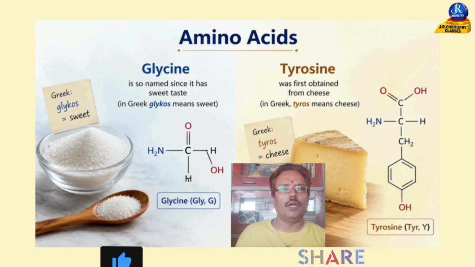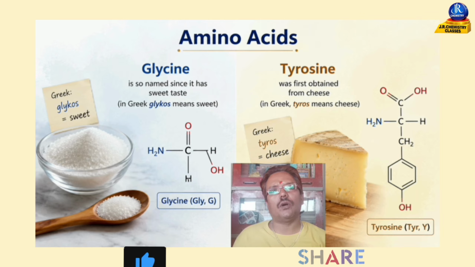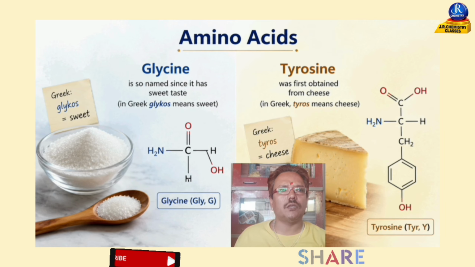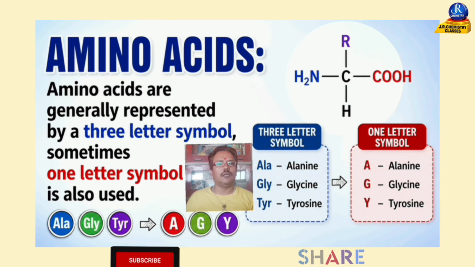Glycine is so named since it has sweet taste. In Greek, glykos means sweet. Tyrosine was first obtained from cheese. In Greek, tyros means cheese. Amino acids are generally represented by a three-letter symbol.